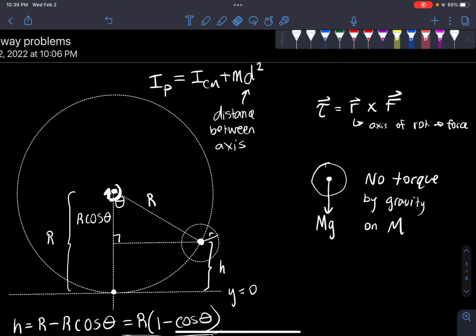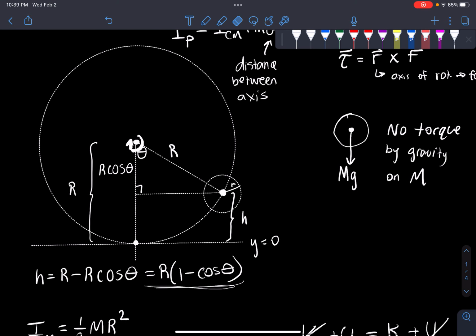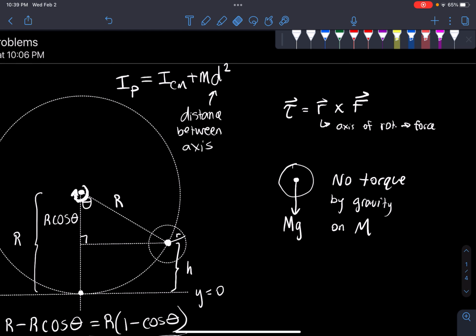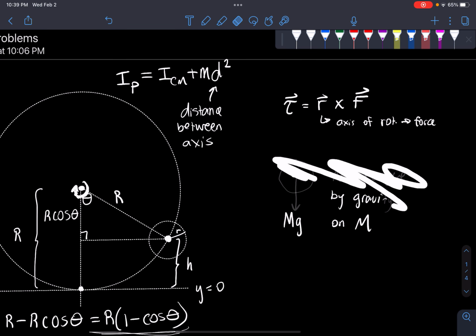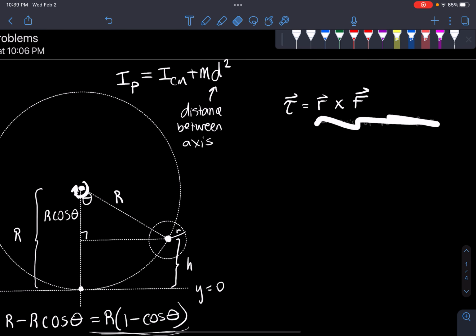So we only need to think about torques by the little mass. So let me erase this real quick. It might be easier to think of it like this. The magnitude of the torque is just r F, the magnitudes of those vectors, times the sine of the angle between them.